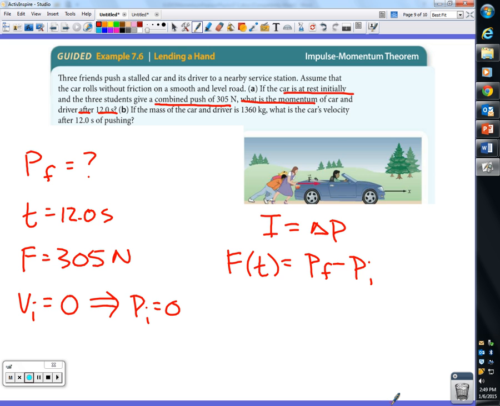We just talked about that the initial momentum of this object was what? 0. We know the force, we know the time, so we can figure out what P final would have been, or is. So go ahead and figure that out.